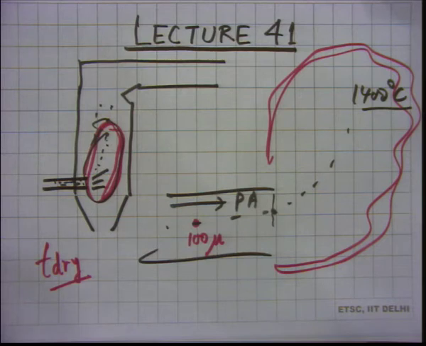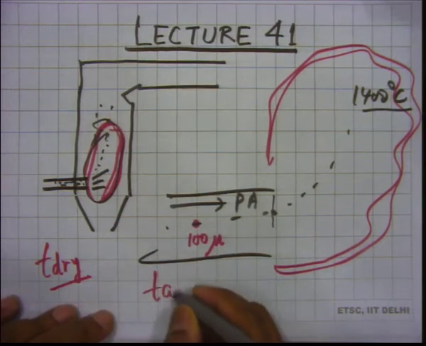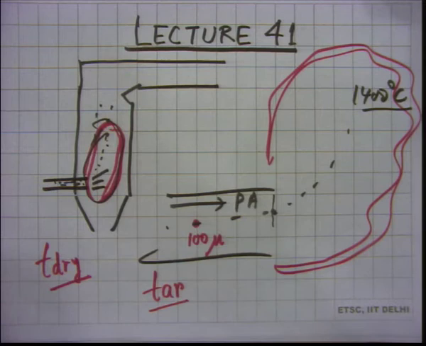So the other word which I just now mentioned is tar. Now what is tar? Tar is also volatile matter, but it is such that it can go and condense and deposit on surfaces. So by the time it reaches 400 degrees Celsius, the volatile gases are mostly going out.